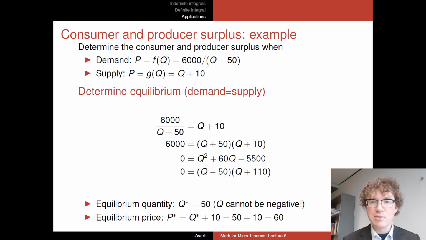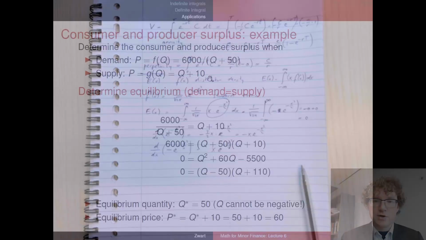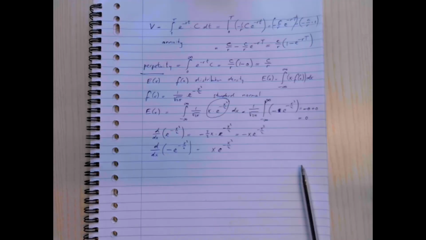In order to do that, we would first have to solve for the equilibrium quantity Q star and the equilibrium price P star. So let's do that, and it's done over here, but for you, I'm going to do it on paper again.